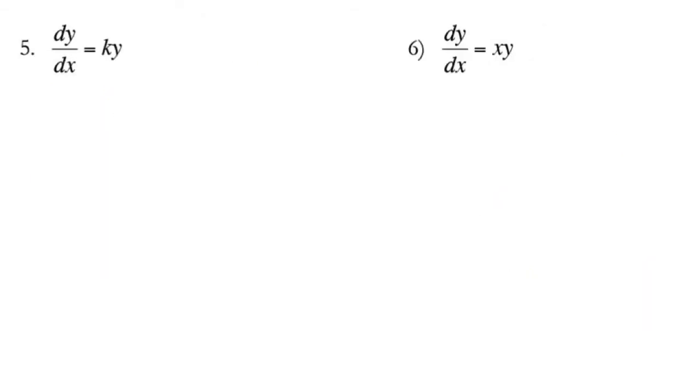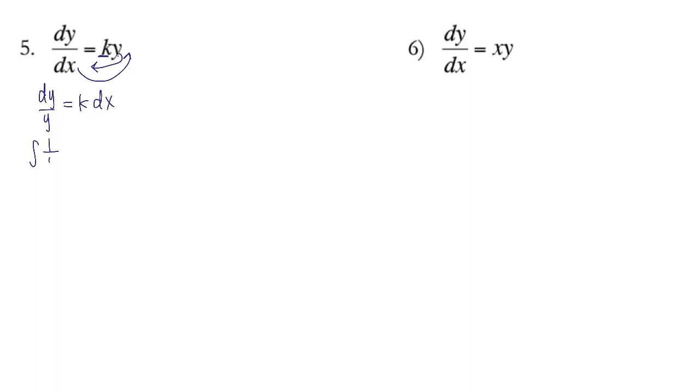Okay, this problem is very similar to what we just looked at. So again, separate your variables. This k is just a constant value. So I'm going to move y down here with my dy, and of course dx up here. So I'm going to have dy over y equals k times dx, and now I'm going to integrate both sides.